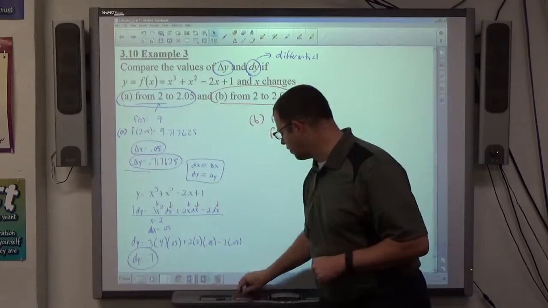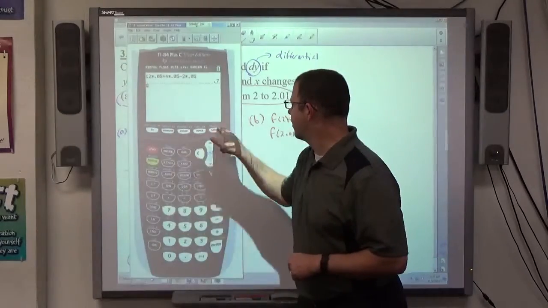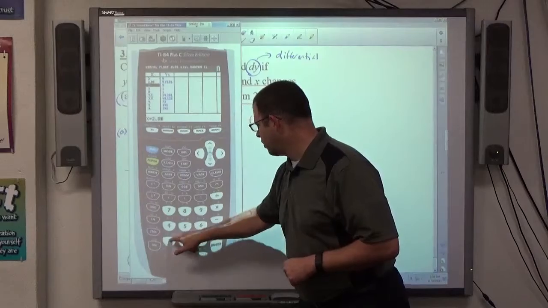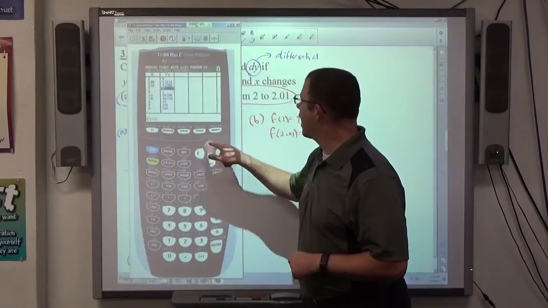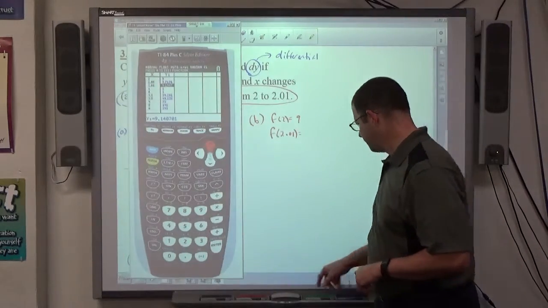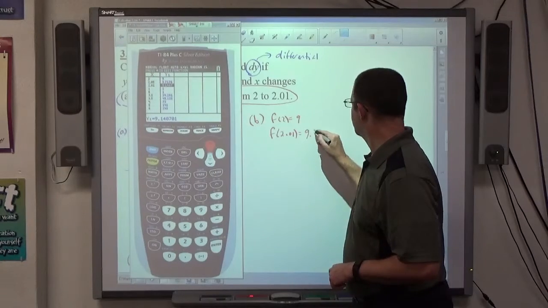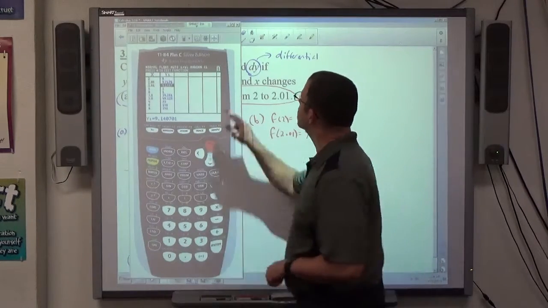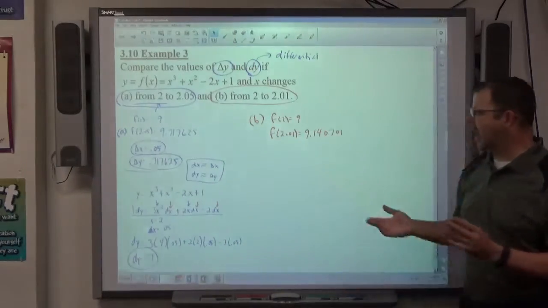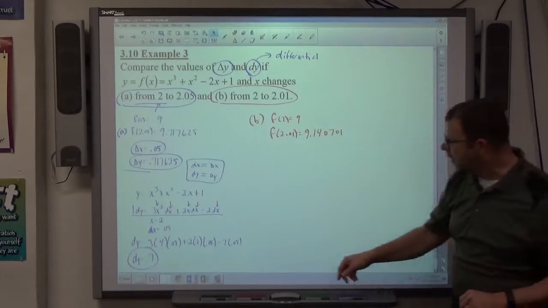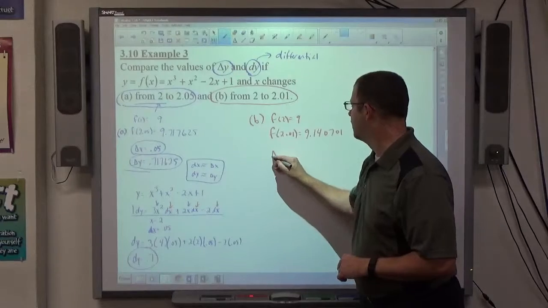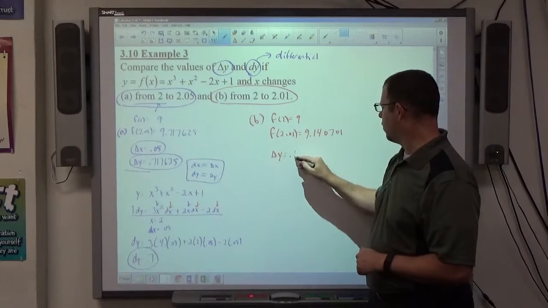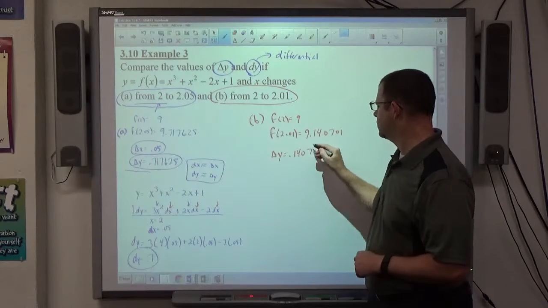And f of 2.01, again, my calculator knows that. I've still got the thing typed in, so I can just come over here. 2.01. That comes out to 9.140701. Which tells me that the delta y in this case is going to be this minus this, so 0.140701.